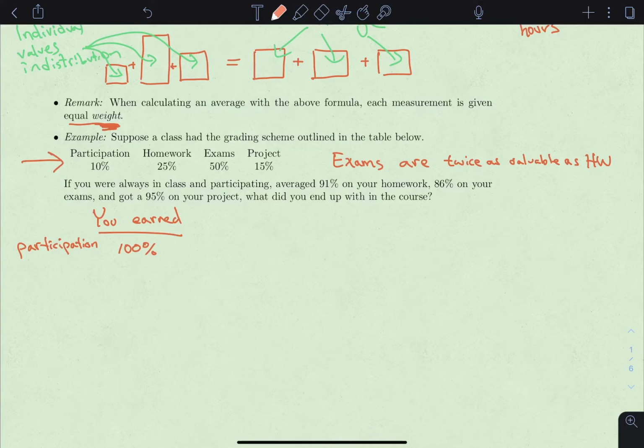You got a 91% on your homework. If you average the scores of all of your homework, you got 91%. Let's say there were a couple exams, and your average on those exams was an 86%. And your project, there's just one project, but you got a 95. So the weighted average is your final score.